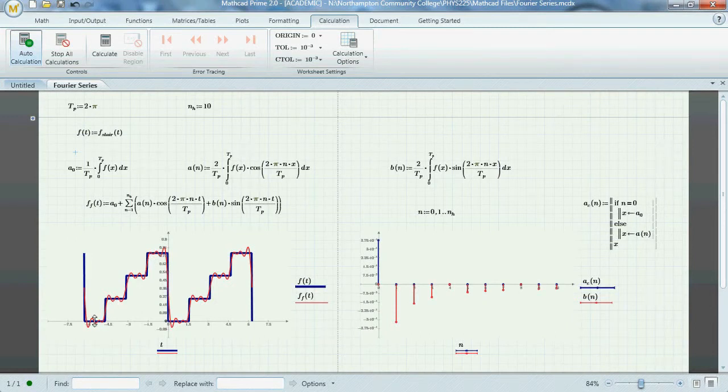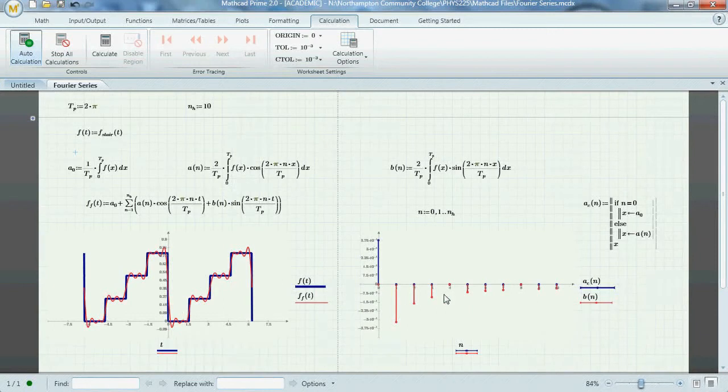But the Fourier series can handle these jumps and can approximate fairly well over these jumps. Now you notice there's a little bit of overshoot when there are these little jumps. That's called the Gibbs phenomenon. It actually gets a little bit worse as you increase the number of harmonics, but it's close enough to be able to approximate this function.